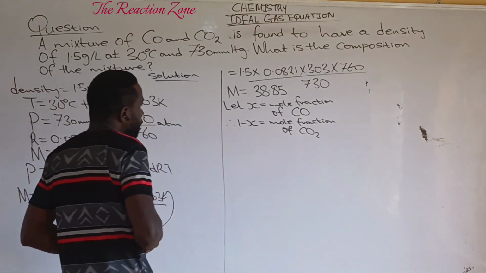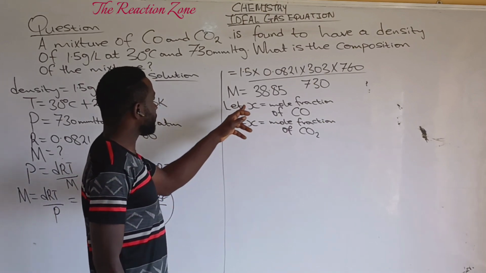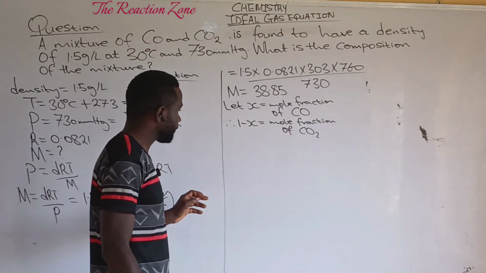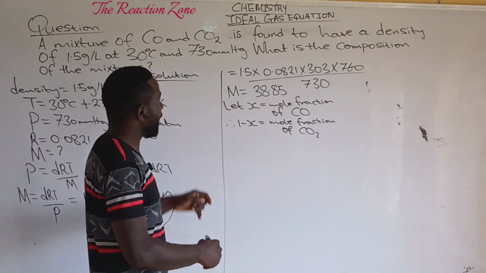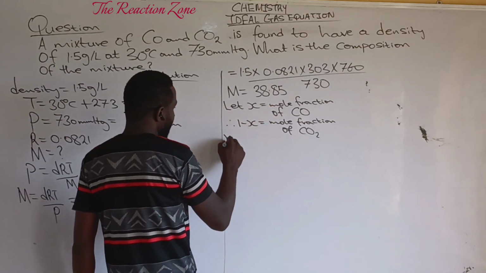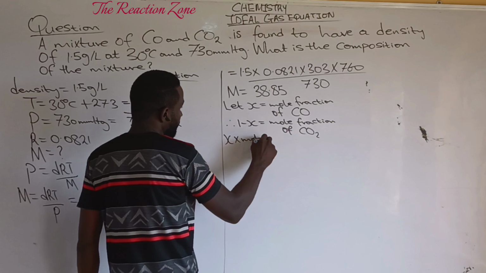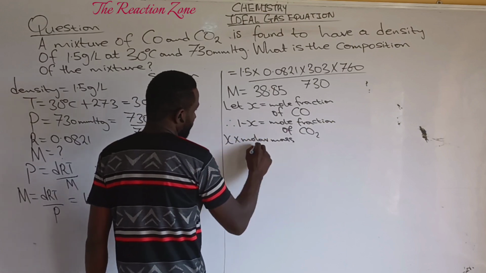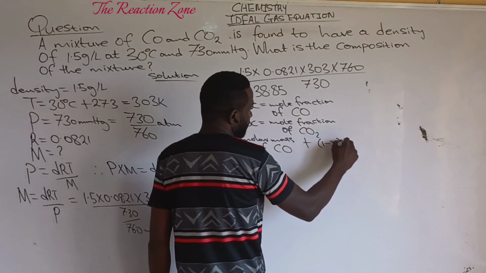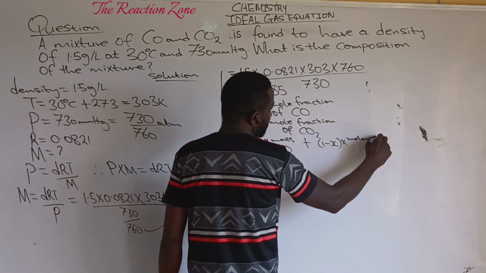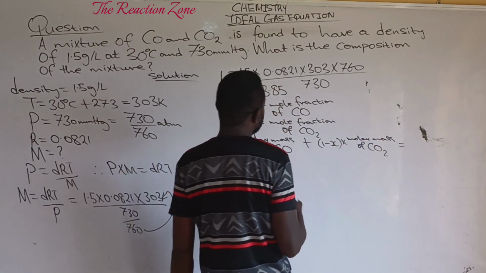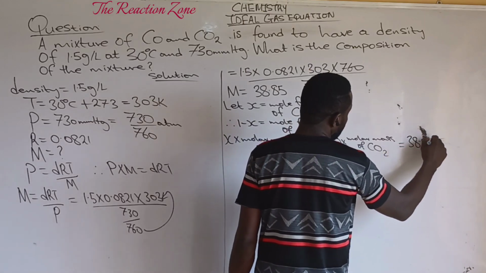So the next thing to do is to multiply the mole fraction of each component by its molar mass, add them together, and equate it to the molecular mass of the mixture. So X times molar mass of CO plus 1 minus X times molar mass of CO2 will be equal to the molecular mass of the mixture, which is 38.85.